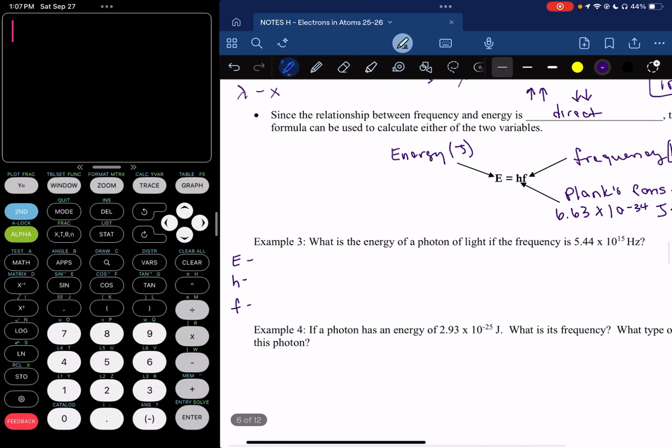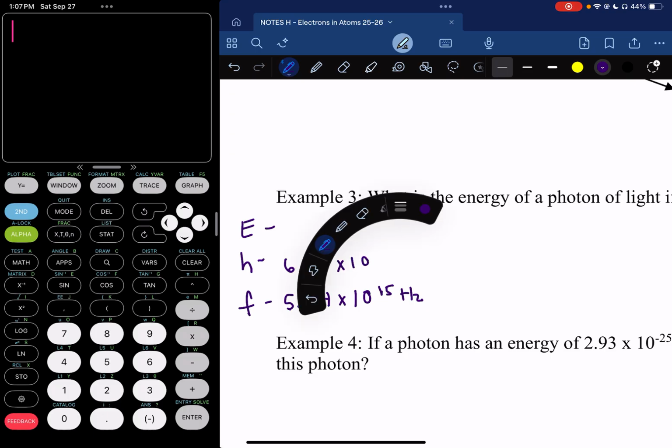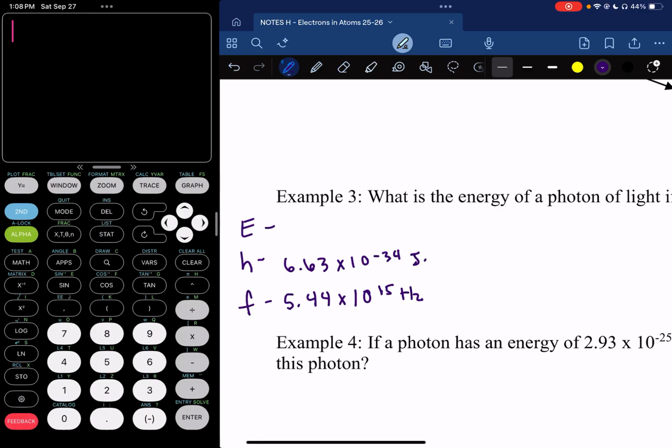So our frequency in this particular problem is 5.44 times 10 to the 15 hertz. And then Planck's constant is 6.63 times 10 to the negative 34 joules per second.